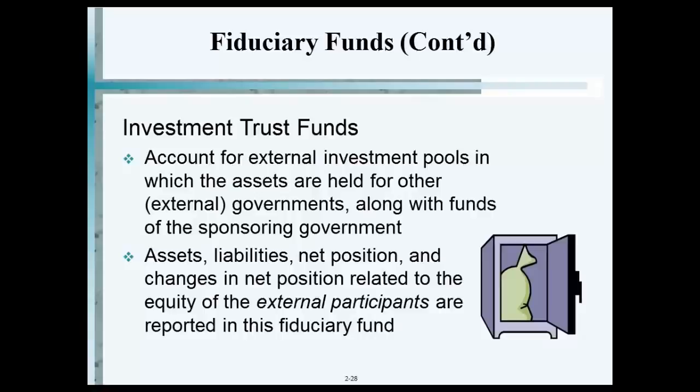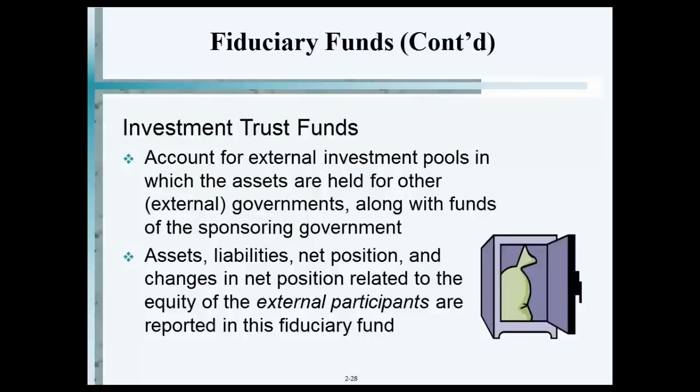So if you have extra cash, you wire transfer the money to the state pool, which is called the New Jersey Cash Management Fund. They get the money, they have your account, they know how much money you put in, how much money you take out, and you don't have to worry about whether the money is safe, trying to find somebody, the state does it for you. That's an investment trust fund. And notice the word external participants.